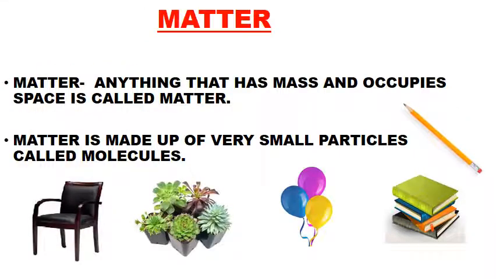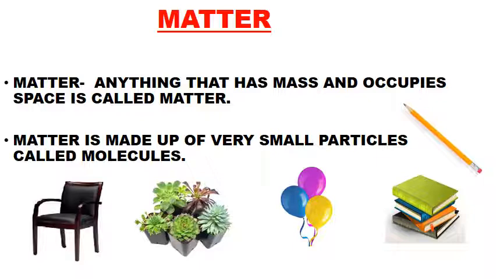Students, if we look around, we can see many things made of different materials, like we see house, car, furniture, utensils, books, water, air, etc. All these are different from each other.